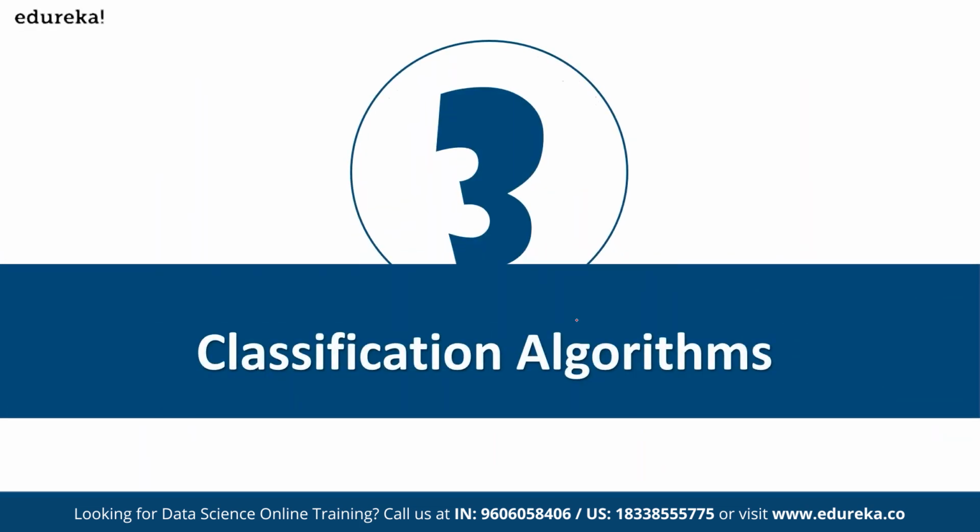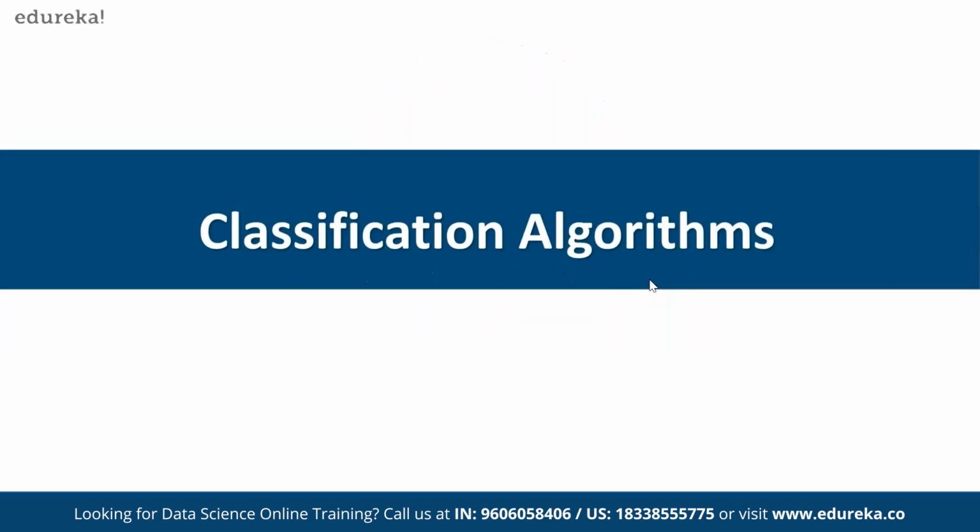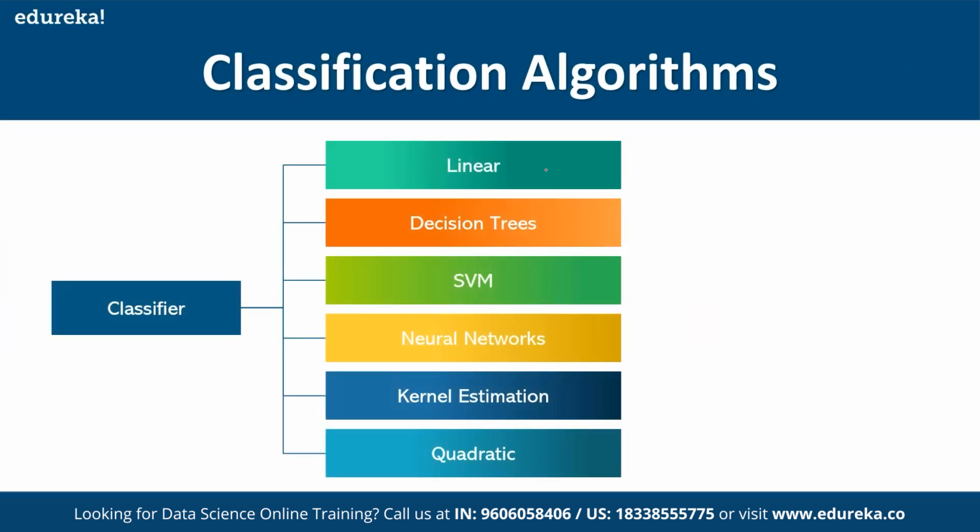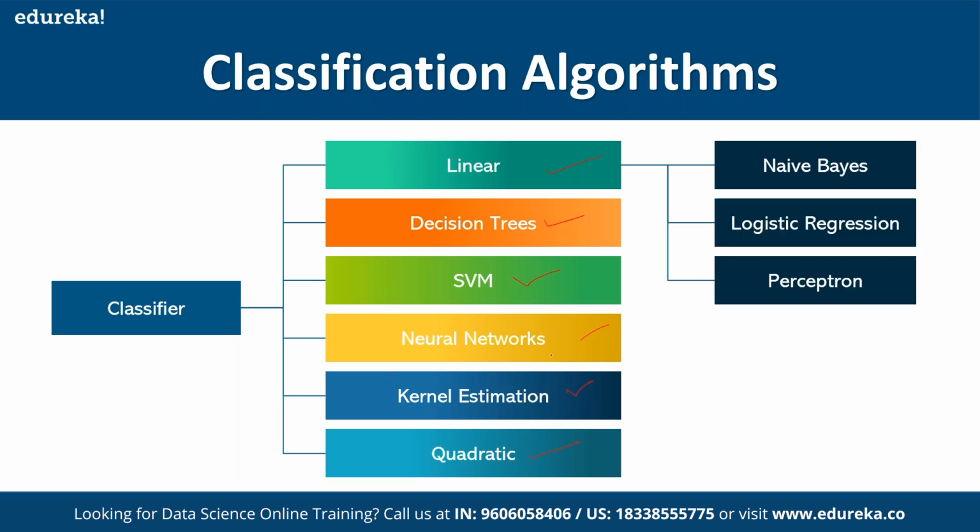Now, which are the classification algorithms? Now you know which kind of problem you are going to face today. You're trying to solve a classification problem. So first you need to know what tools or algorithms are available to solve classification problems. They are linear, decision trees, support vector machines, neural networks, kernel estimation, and quadratic.